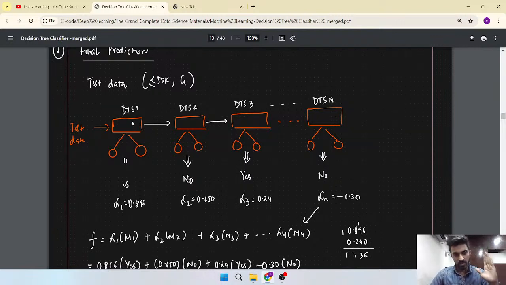Firstly we will randomly take 10% of data and give it to our base learner 1, and this will predict some values, and suppose 10% of the data is wrongly classified.